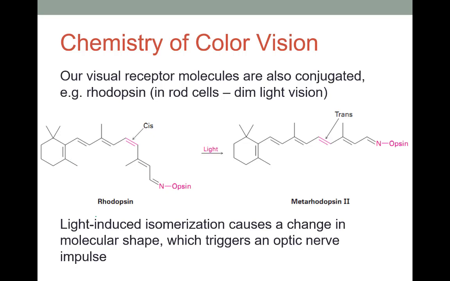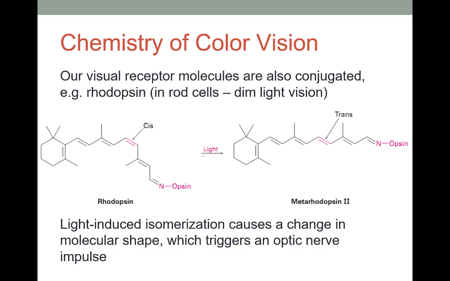One of them is called rhodopsin, which actually is a protein opsin that's connected here to this organic molecule. This double bond starts off in a cis configuration, which if you remember your alkene stuff, the cis configuration is the higher energy scenario. So this is sort of a compressed spring, if you will.